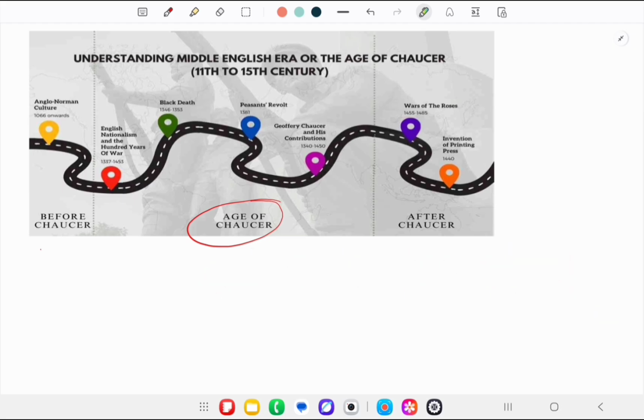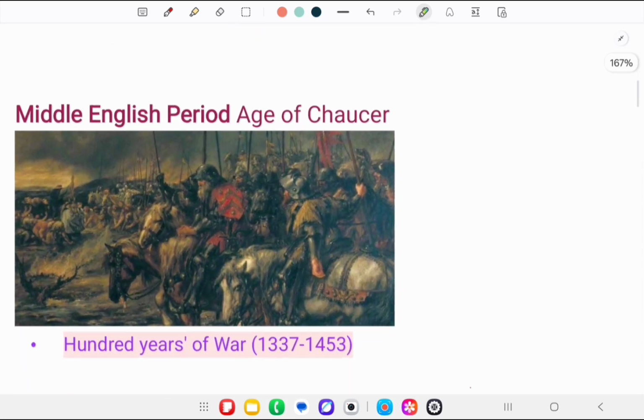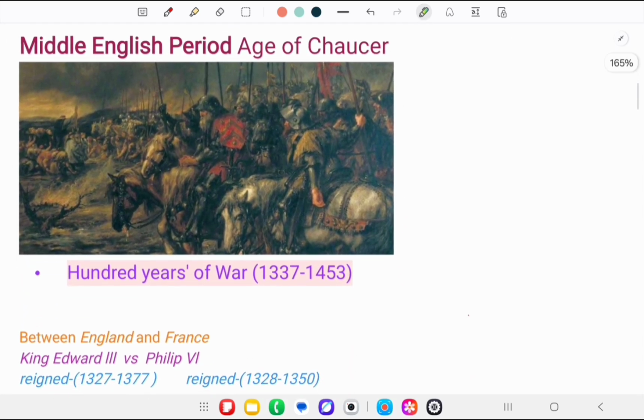So, this is all about the culture of Anglo-Norman. And now we will discuss English nationalism and the Hundred Years' War, which happened from 1337 to 1453 in the Middle English period, or during the age of Chaucer.